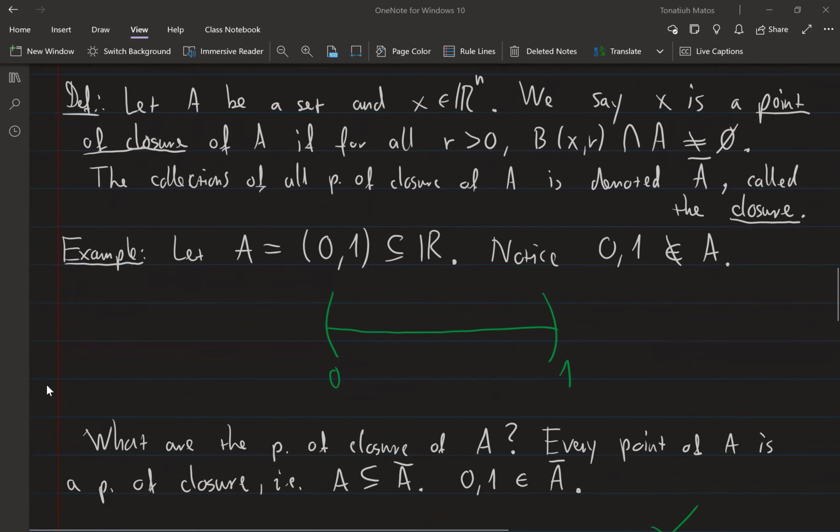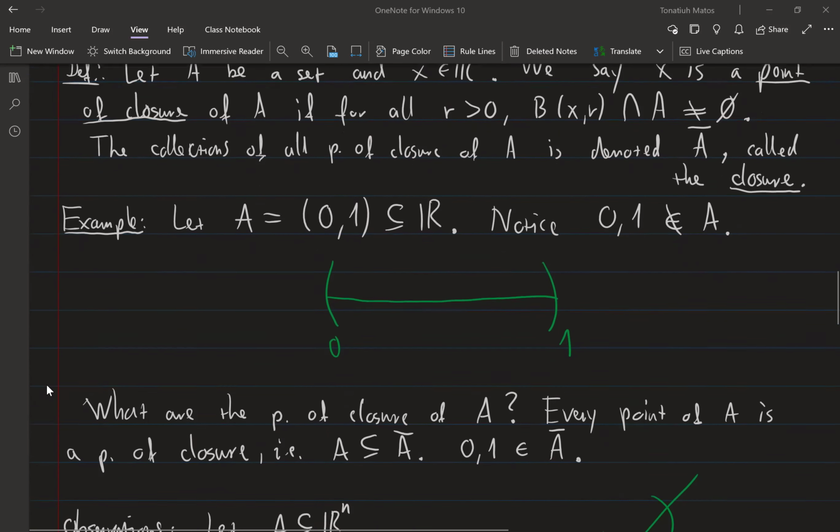Now, similarly, I defined a point of closure of a set A, which is simply a point that is glued to A. It is so close that there's no way to separate it from it by zooming in, because every ball, every radius around this point X always intersects the set, right? And we denoted the set of all these points of closure with an overline bar.